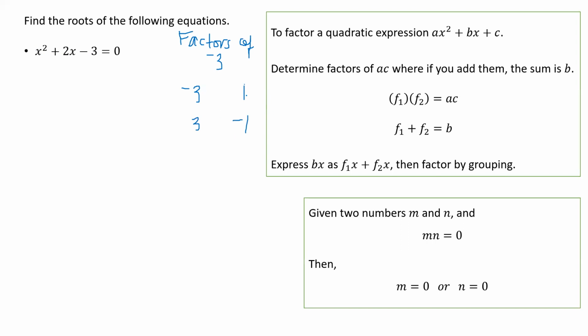Which of these two factor pairs, when you add them together, will we get 2? That is 3 and negative 1.